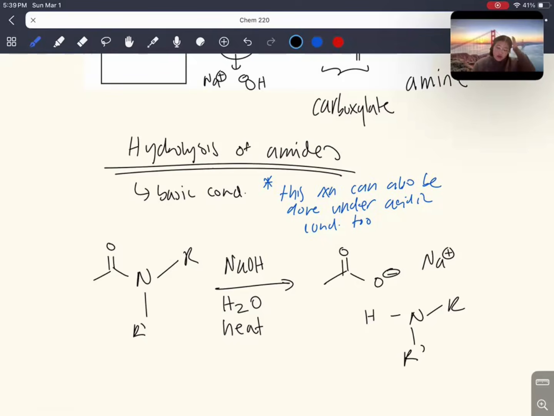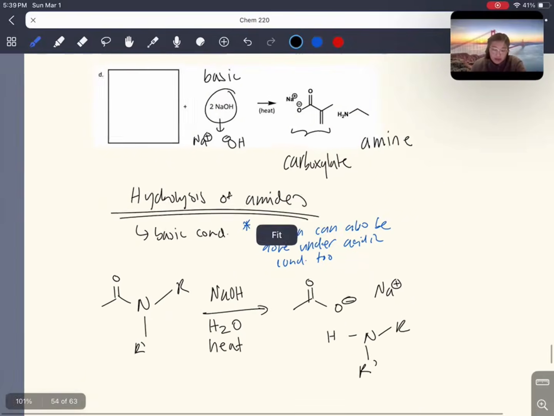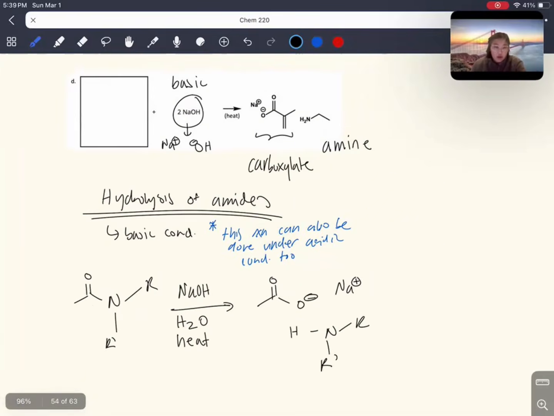And so if you see that your products have a carboxylate ion and an amine, and you also see that your reactants are NaOH and heat, typically NaOH would also be done with water, so it's aqueous, you can put into context that we're doing a hydrolysis of an amide reaction. That probably means that my starting molecule has to be an amide.